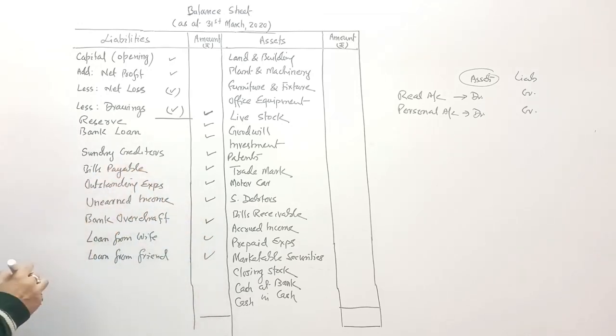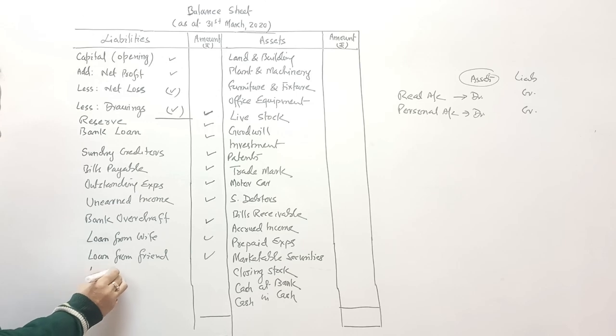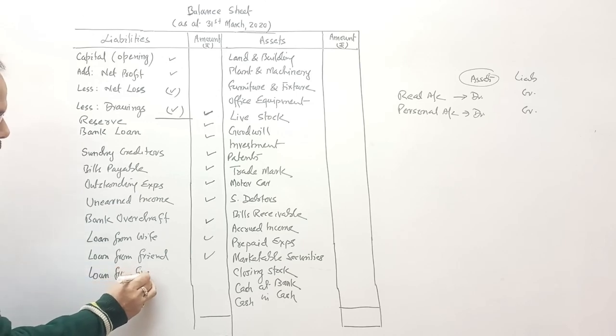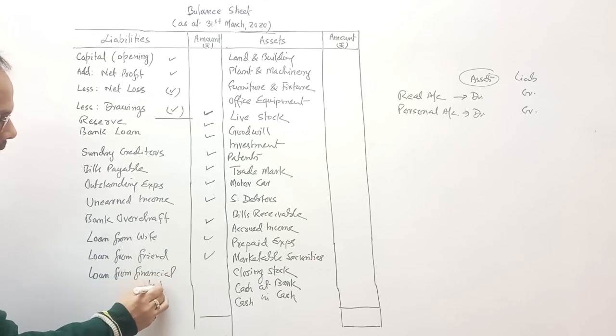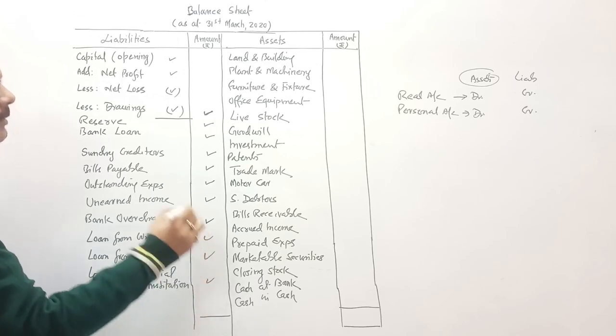Then you have to write it over here, loan from financial institution, then you write it in the liability side.